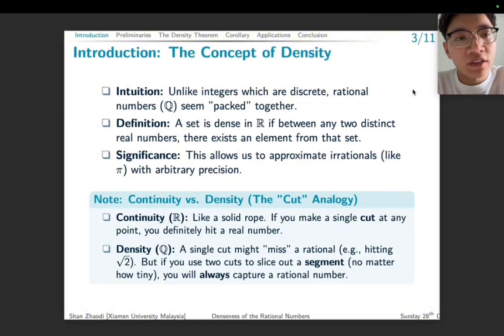If you make a single cut, you might miss the rationals. Maybe you hit an irrational gap like the square root of 2. But if you use two cuts to size out a segment, no matter how tiny the size is, you're guaranteed to capture a rational number inside.